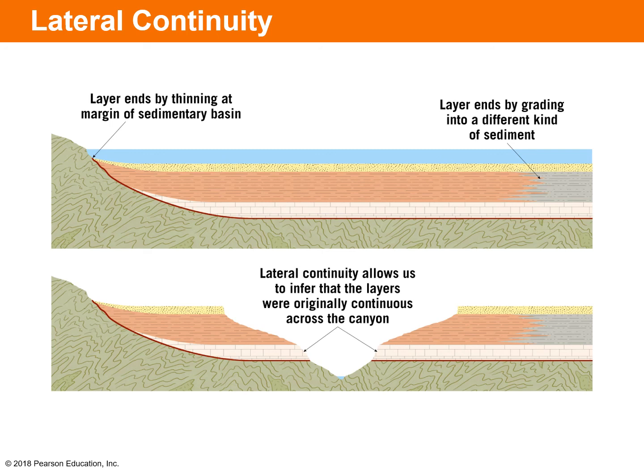Then on the left side, you can see that the layer ends by thinning at the margin of the sedimentary basin, or at the margin of the lake or ocean in this case.